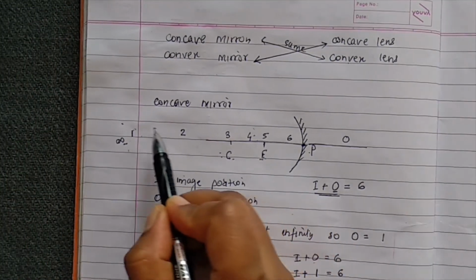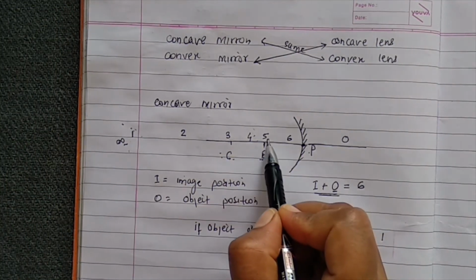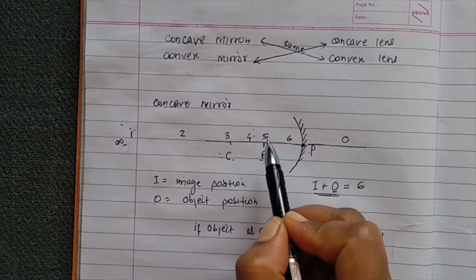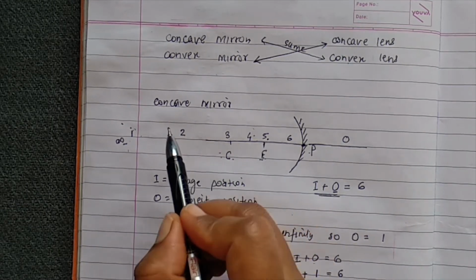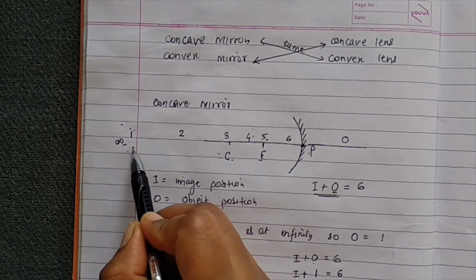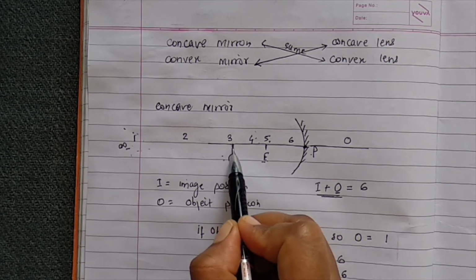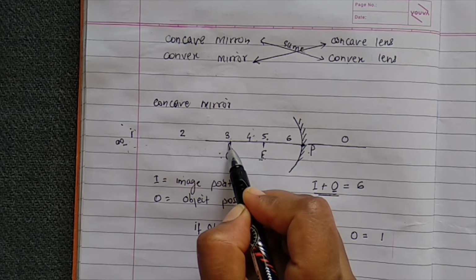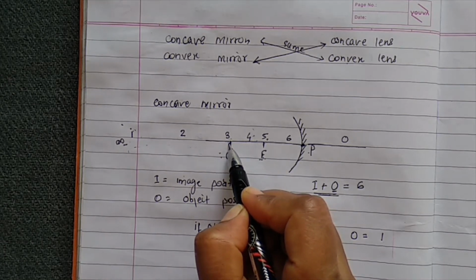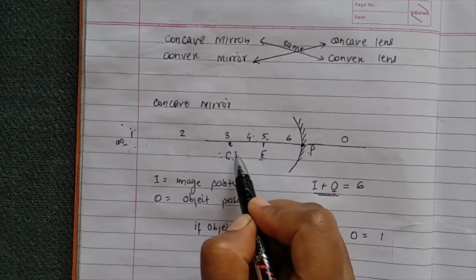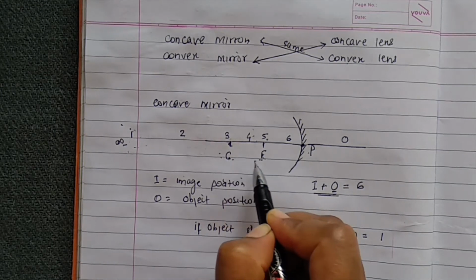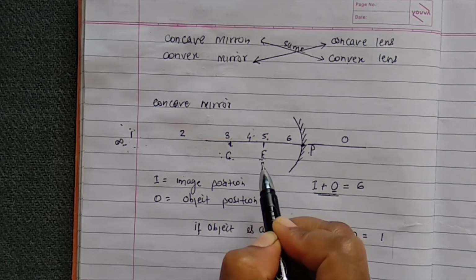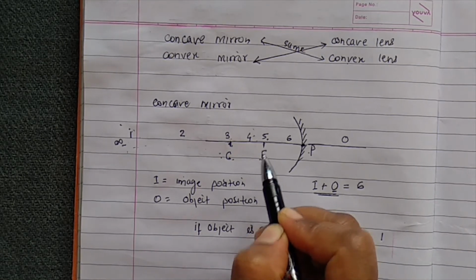So, if you see the previous figure, from infinity up to the focus, image size increases. But compared to the object, the image is smaller than the object up to the center of curvature. At the center of curvature, the image is exactly as the object, and between center of curvature and focus, the image is larger than the object.